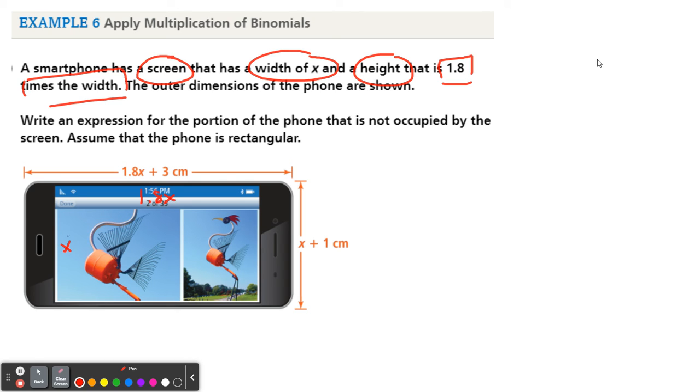So those are the dimensions of your screen, x and 1.8x. They give you the dimensions of the whole phone, which includes the screen and the black area. They want to know the area of the portion that is not occupied by the screen.